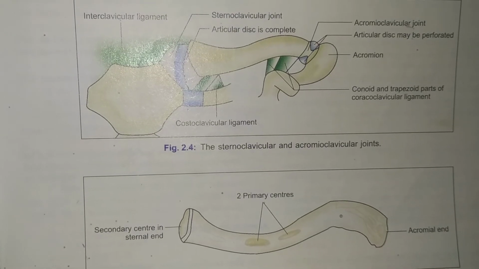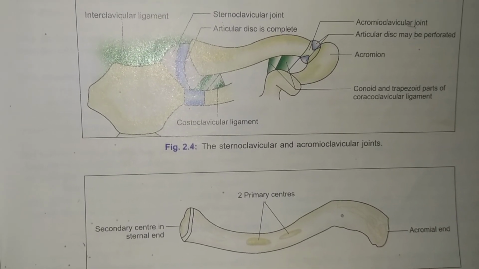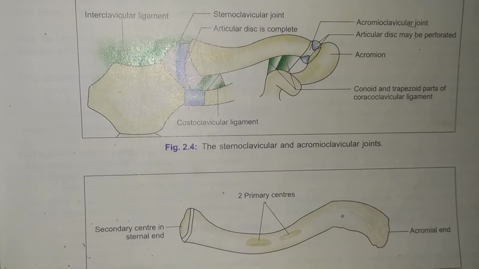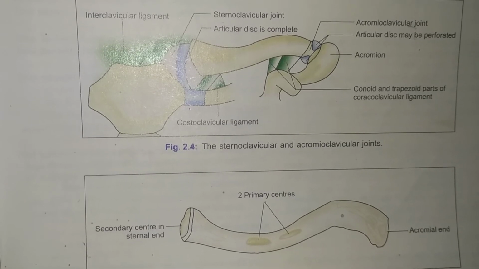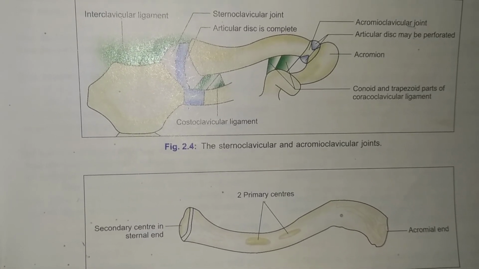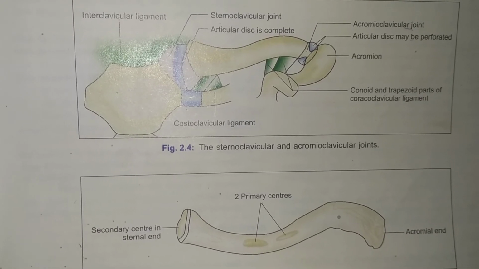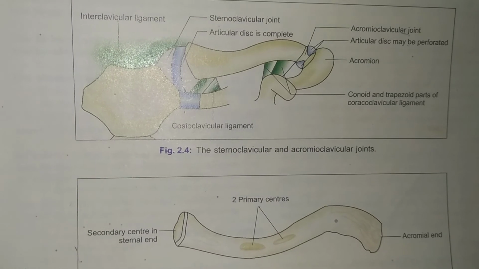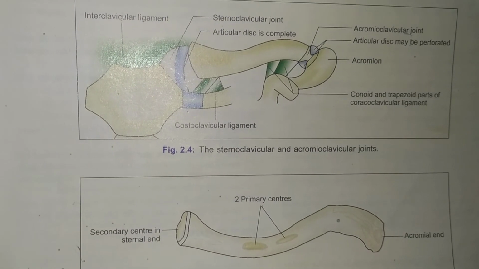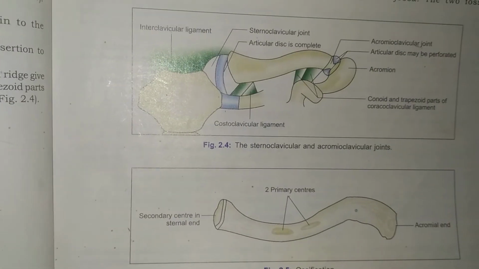This diagram explains clearly the acromial end, which articulates with the acromion process of the scapula, and the sternal end, which articulates with the sternum. These joints are called the acromioclavicular joint and the sternoclavicular joint.